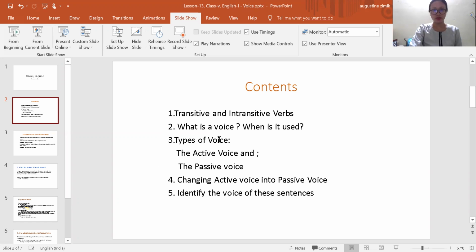In order to know the meaning of voice and the type of voice, the first thing we need to know is the transitive and intransitive verbs. Okay, and next we have what is a voice, when it is used, 3 types of voice, the active and the passive voice, 4 changing active voice into passive voice, and number 5 identifying the voice of these sentences.